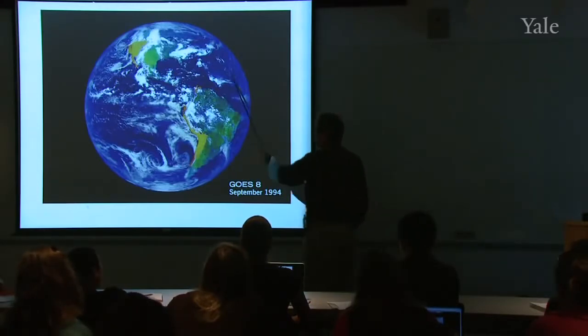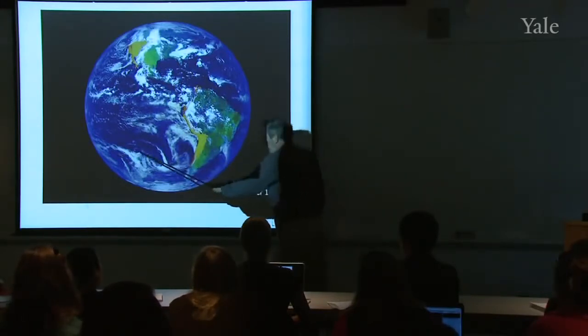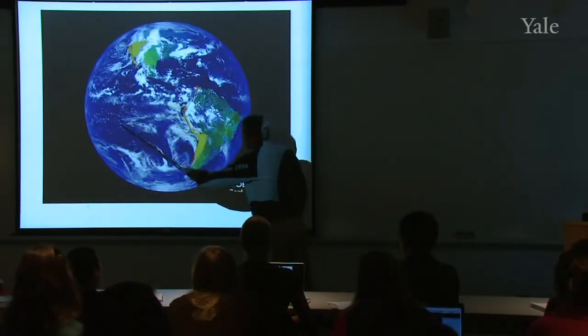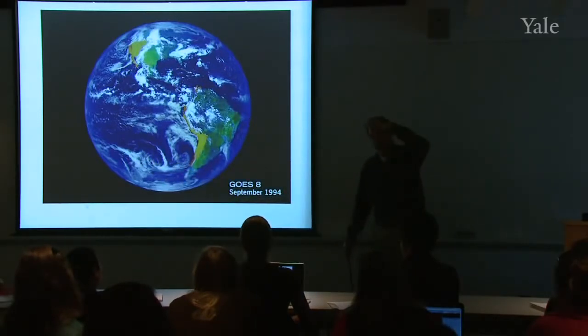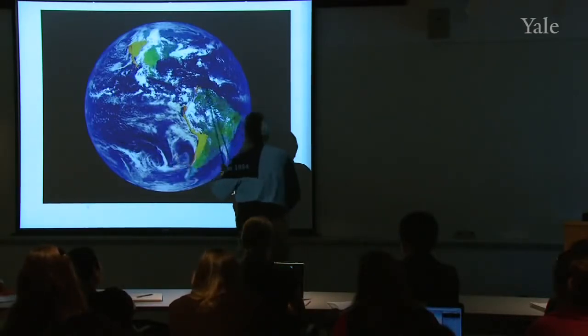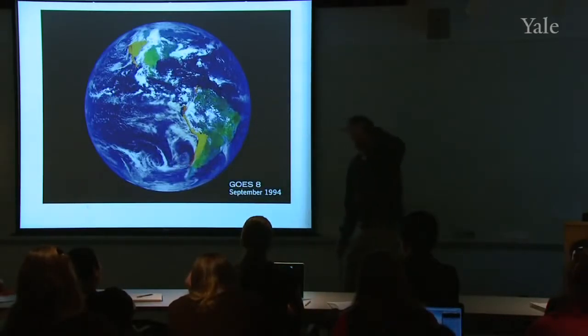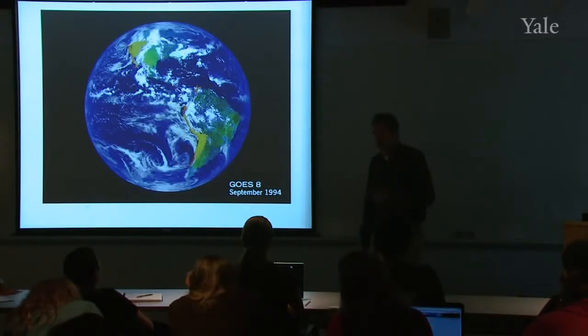So you see clouds scattered around in the Earth's atmosphere. You can be almost certain that every place you see a cloud, whether it's large or small, there is rising air. And almost every place you find the sky free of clouds, there is sinking air. Because remember, rising air forms clouds by adiabatic cooling.